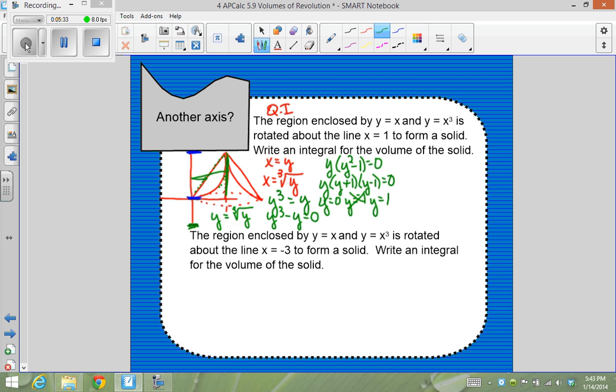That is a 1, and then you subtract off this right here. So it is the integral from 0 to 1, but that outside is going to be a radius of 1 to get all the way back to the Y axis, minus that line right there, my y squared.